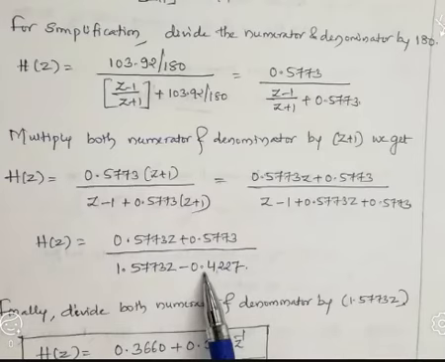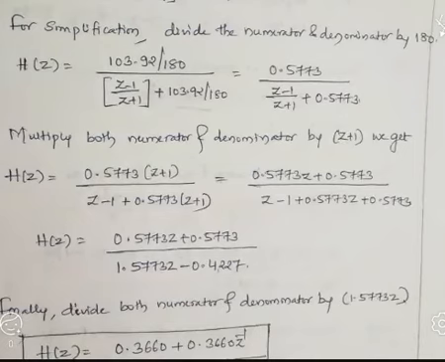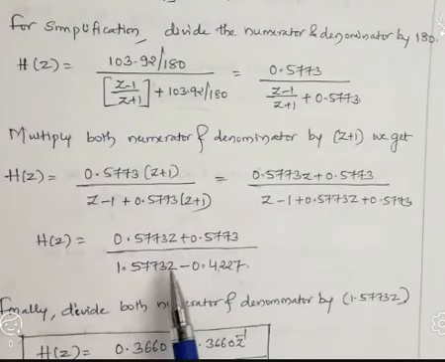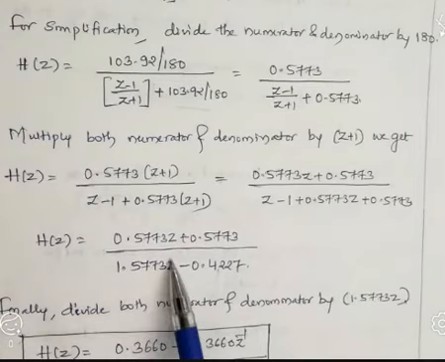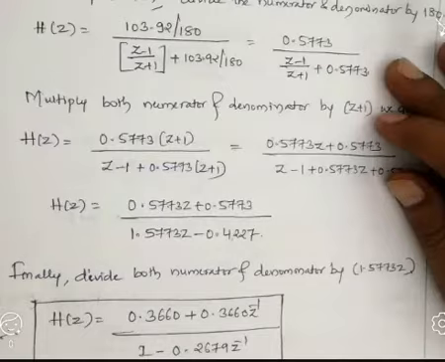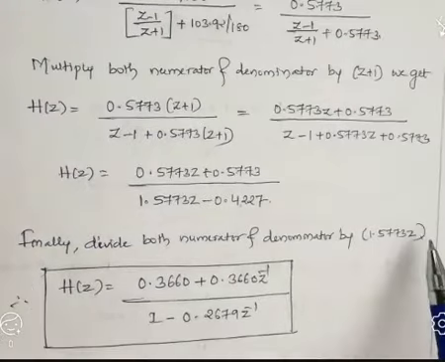We have to express the constant term in the denominator as always 1. For that reason, I am dividing the numerator and denominator polynomials by the term present here, 1.5773 z.